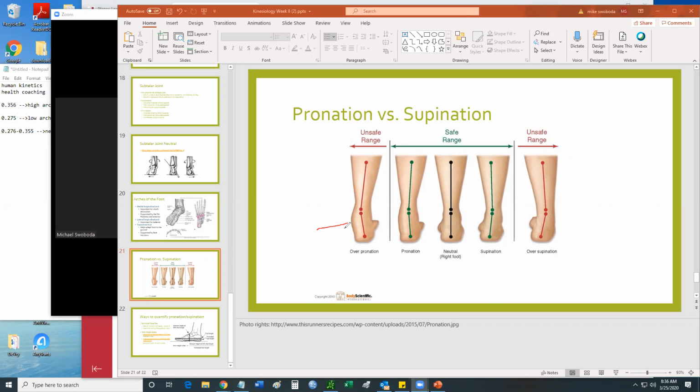If you have excessive pronation, that typically means you have a flat foot, or fallen arches.